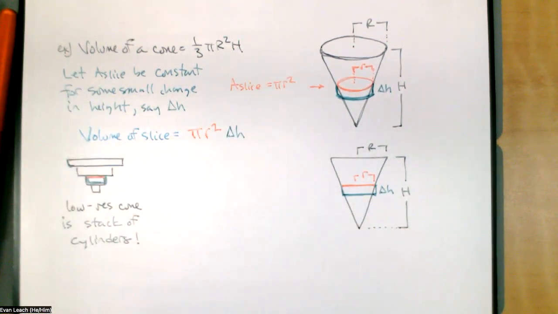The thinking here, we're imagining this cone as a stack of cylinders. It comes from pi r squared times h. There's the cylinder showing up in a formula form.